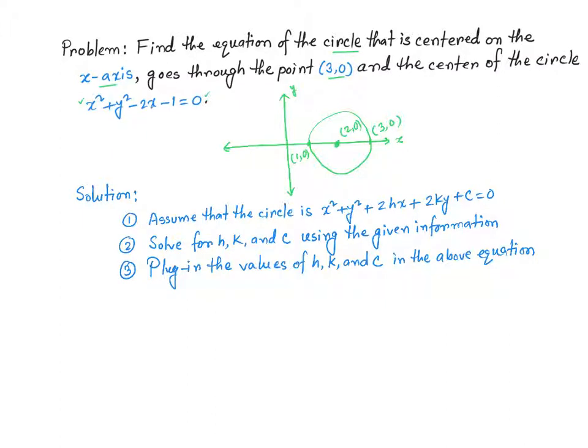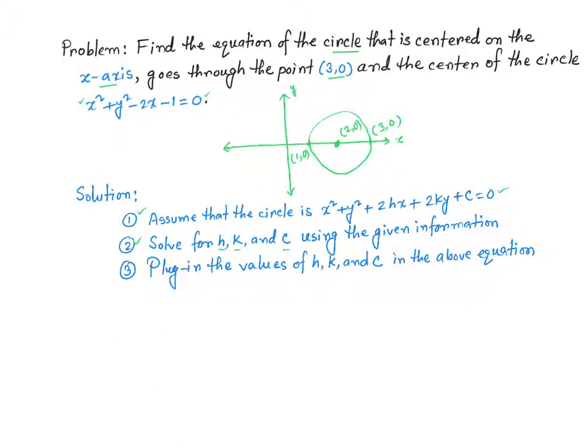We are going to take these 3 steps to solve this problem. First, we are going to assume that the circle is x squared plus y squared plus 2hx plus 2ky plus c equal to 0. That's the first assumption. In the second step, we are going to find the values of h, k, and c individually by using the given information.